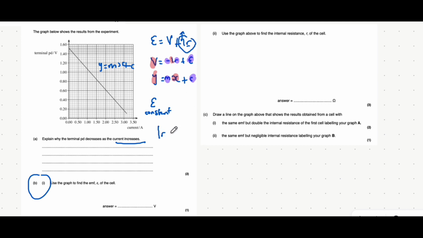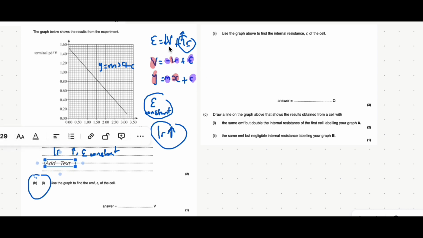We say IR increases. Now that's important because if the EMF is constant, but the lost volts increases, that means that the terminal PD has to decrease so that it can still add up to that same constant EMF. So that's what you'd say here: the terminal PD has to decrease because the lost volts increases and the EMF is constant.